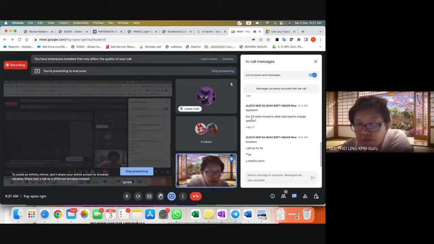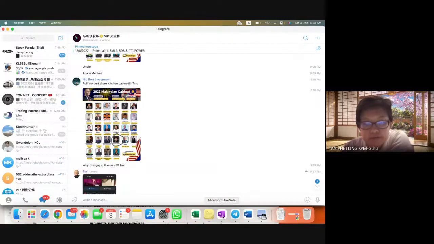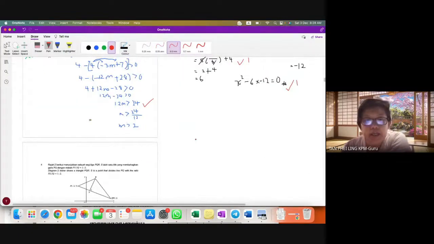The negative 24, when moved to the other side, need to change symbol? Oh, no need. Only when you times or divide by a negative number, then you have to change the symbol. Do you get me? Okay, I give you an example.